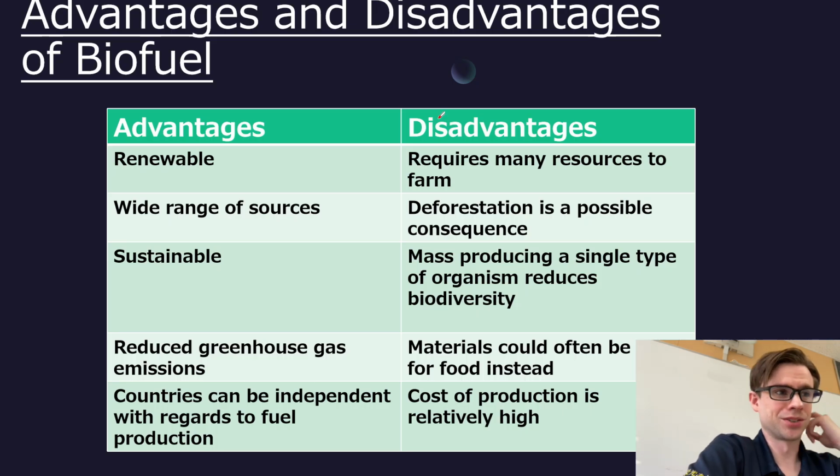Mass producing a single type of organism reduces biodiversity. This is kind of a biological concern, but oftentimes when we're trying to farm and harvest organisms to get this ethanol, we're going to sort of choose the best one and even engineer it genetically to just produce the best glucose and ethanol possible, and then just take that DNA and make as many organisms of that type as possible.